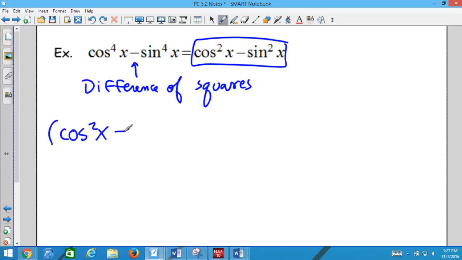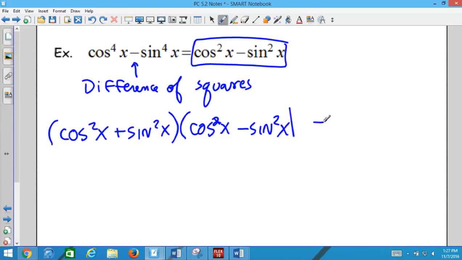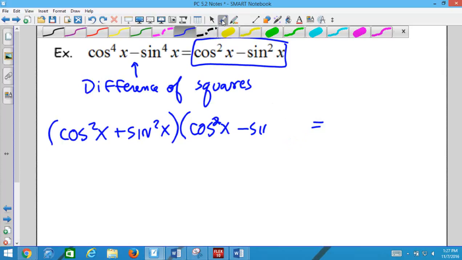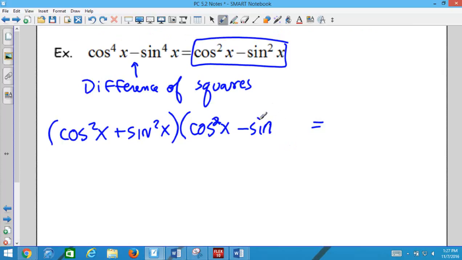Cosine squared x plus sine squared x multiplied by cosine squared x minus sine squared x. So that's the factoring that I just did. I just factored it by using difference of squares.